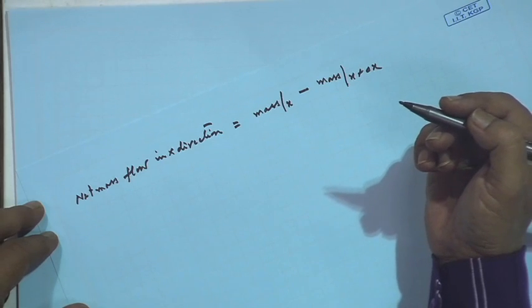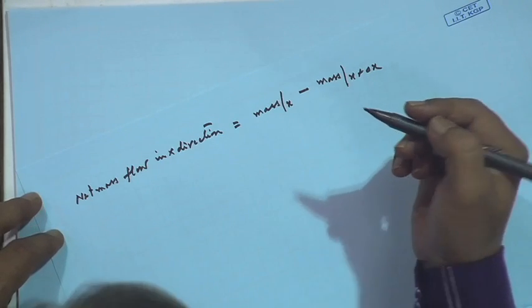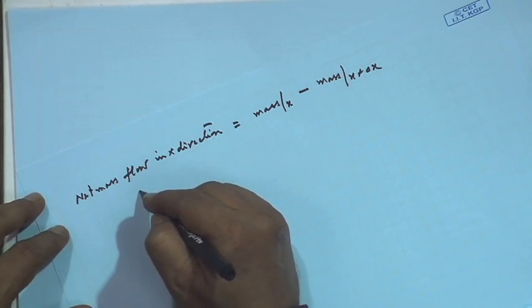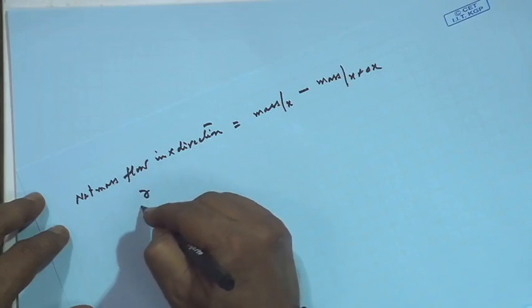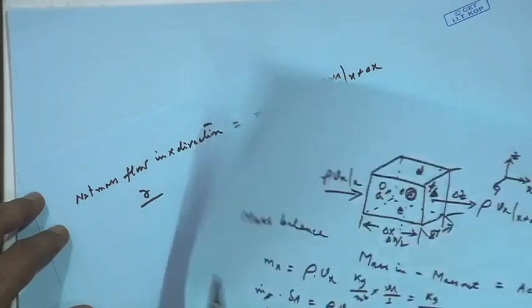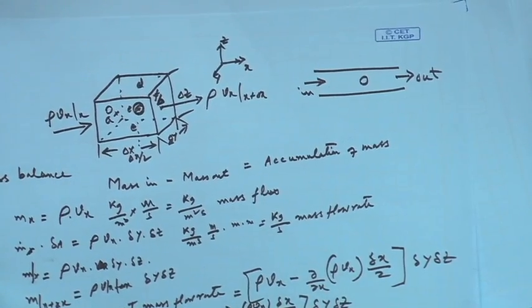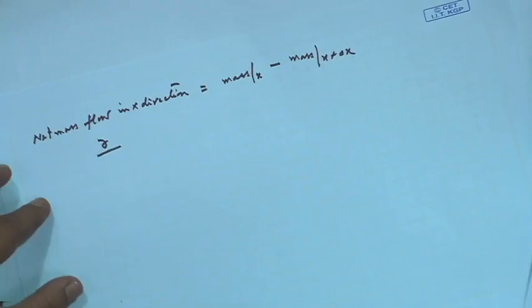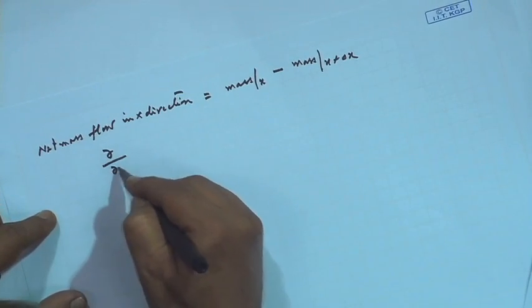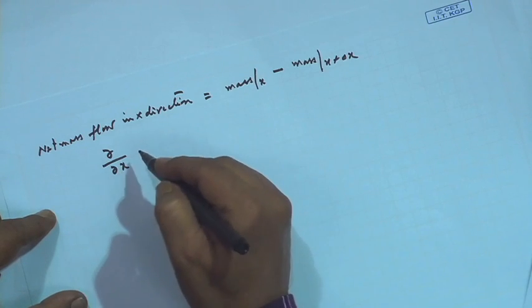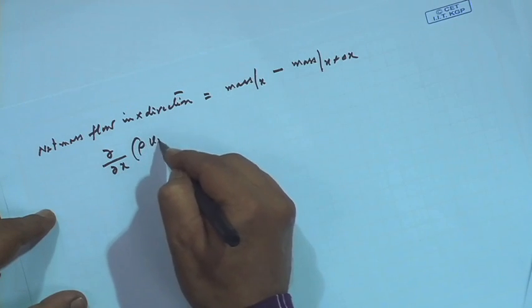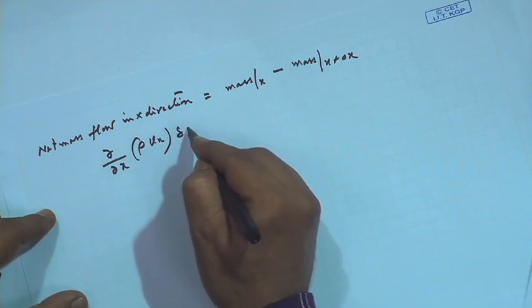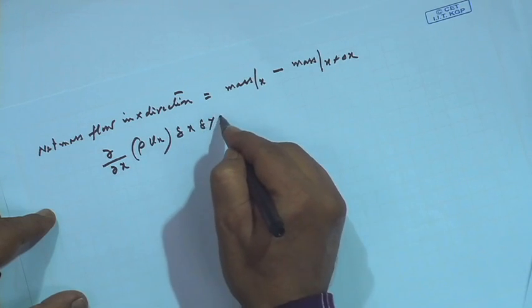So, this is mass in minus mass out. If we write that, from whatever we had written earlier, this minus this, right, this is del x of rho Vx into del x del y del z.